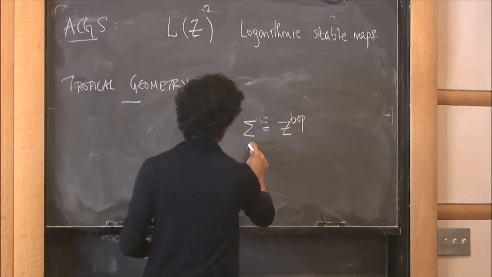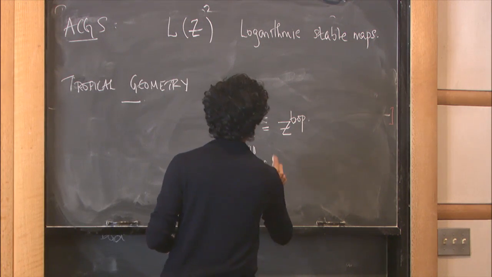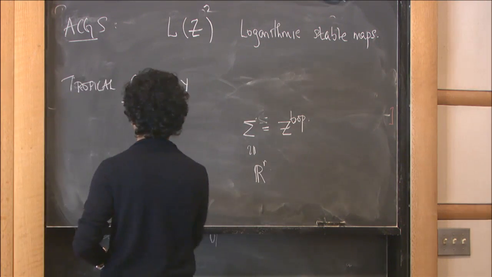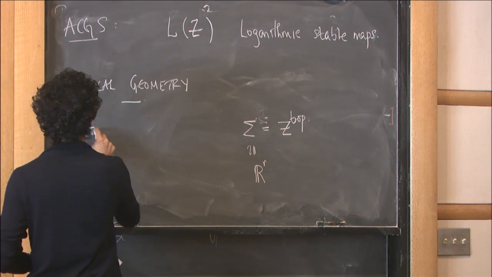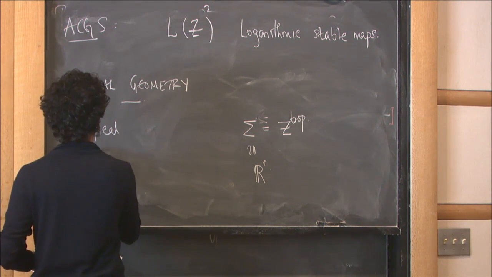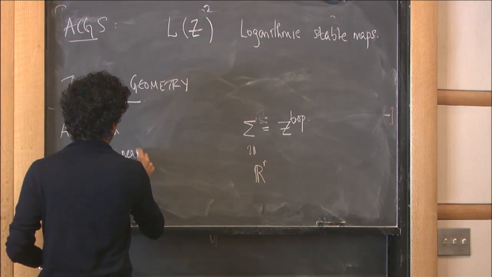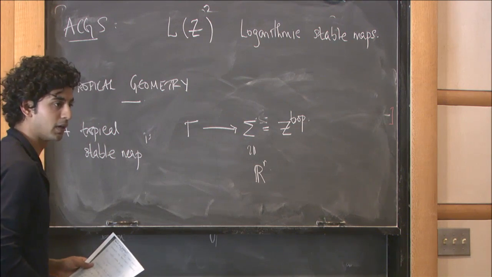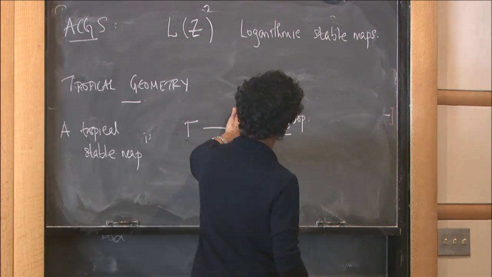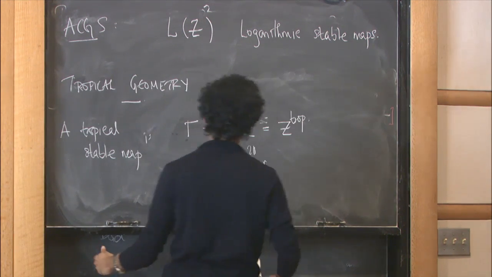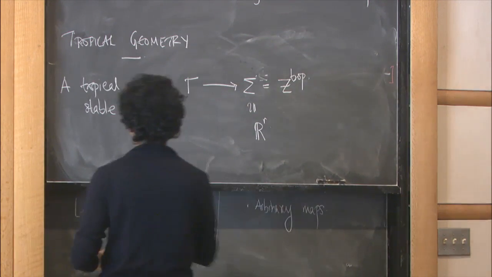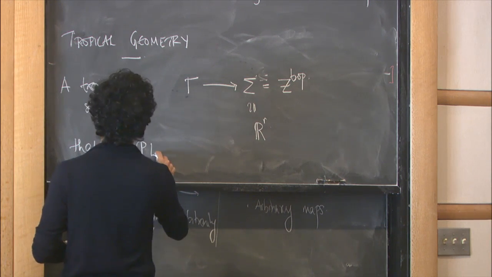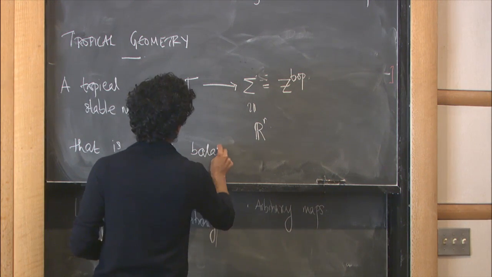Abstractly, this is just some vector space with a fan structure and a piecewise linear structure, and a tropical stable map is just going to be a piecewise linear map from a graph to R^n that is balanced. It's piecewise linear and balanced.